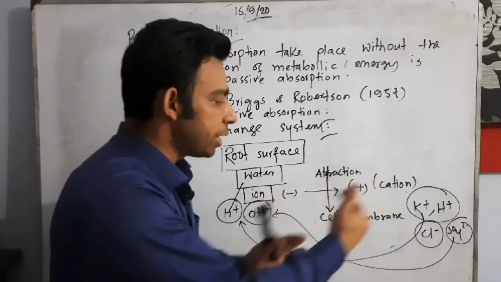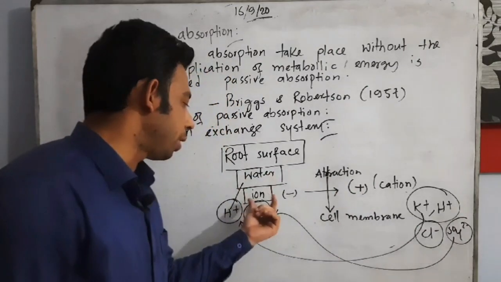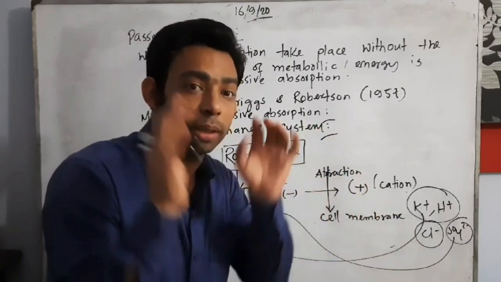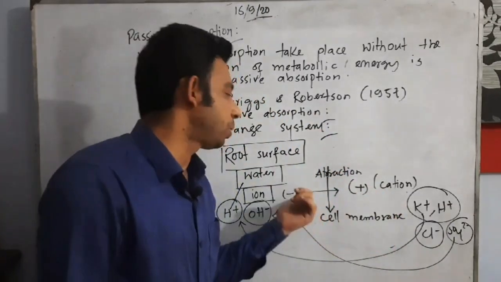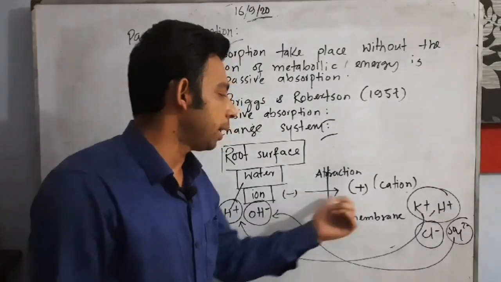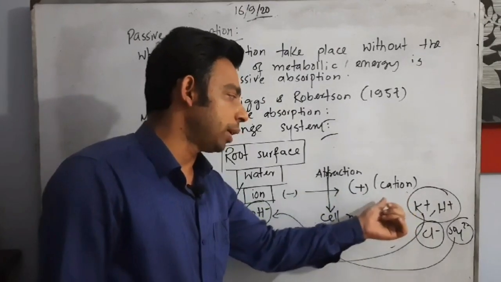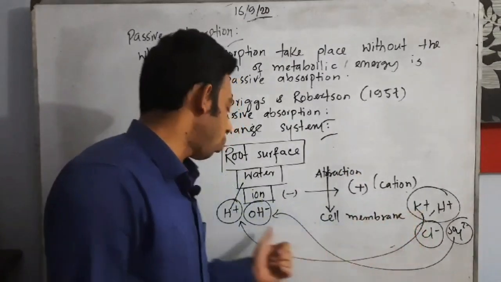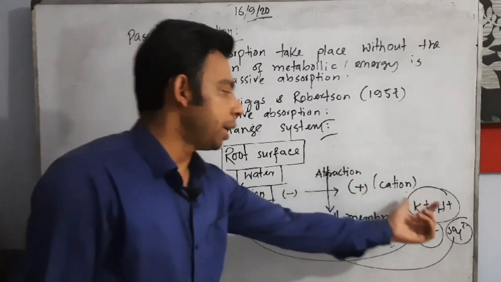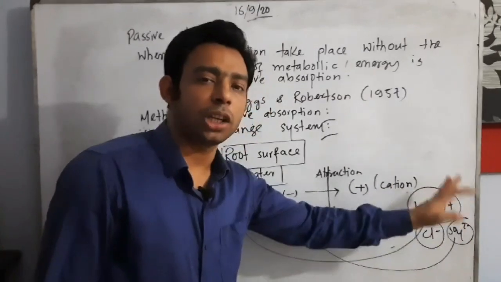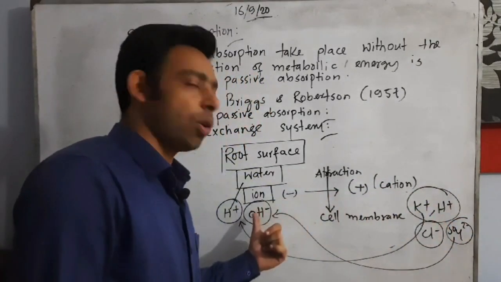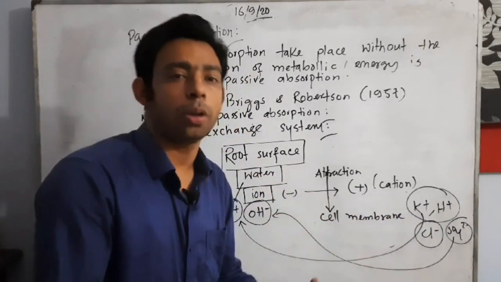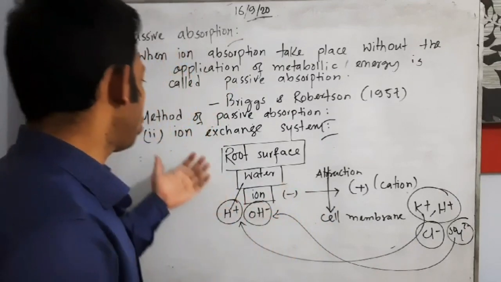That means ions can be exchanged, because the water molecules have ions at the root surface. It is just an assumption that they bear negative charge, and this negative charge always attracts the positive charge through the cell membrane attraction. Here the water molecule, hydrogen ion and hydroxyl ion, potassium ion, sodium ion, magnesium ion, any cation or anion can be exchanged, and that will be absorbed by the root surface, and this way absorption can be done.